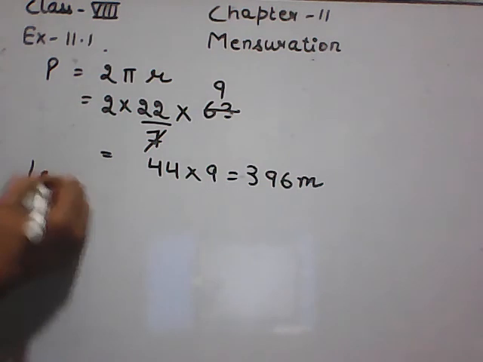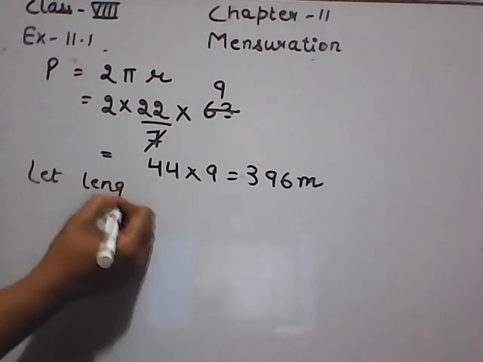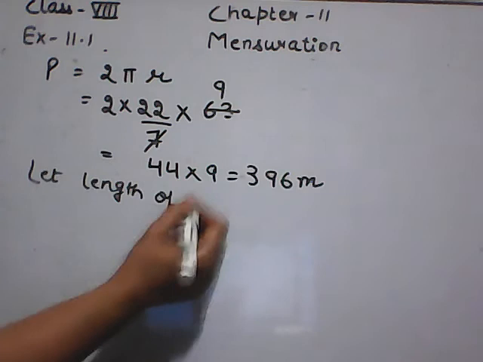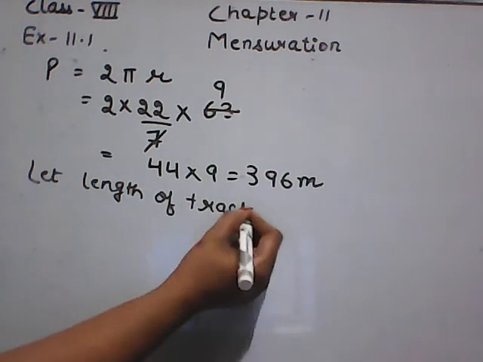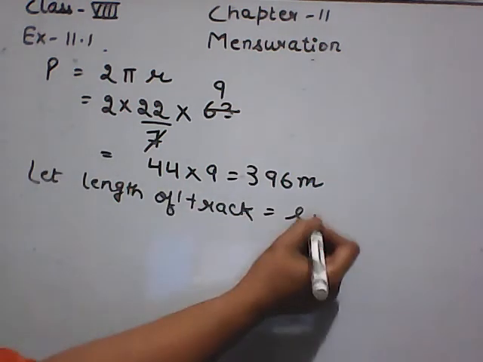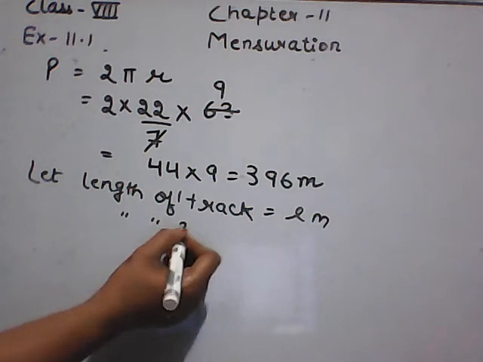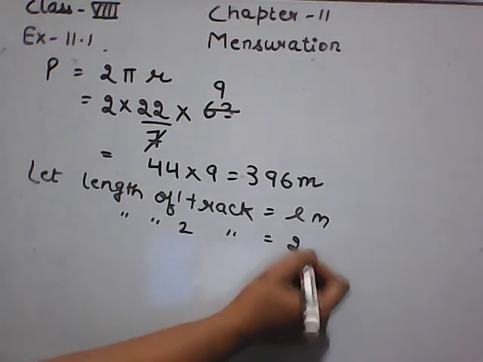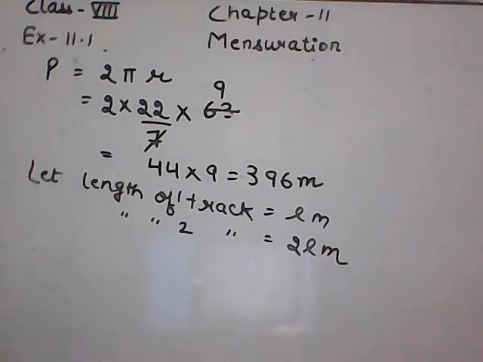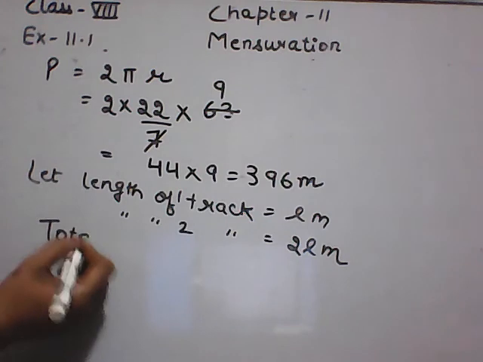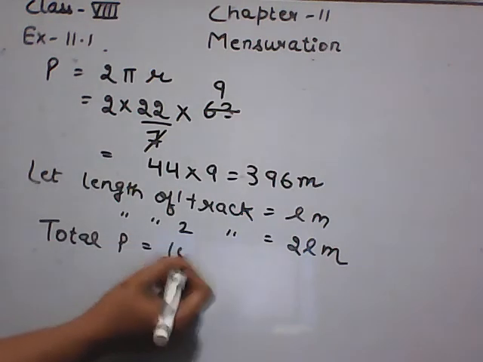The length of one track will be L meter, so the length of two tracks will be 2L meter. Now the total perimeter is given to you as 1000 meter.